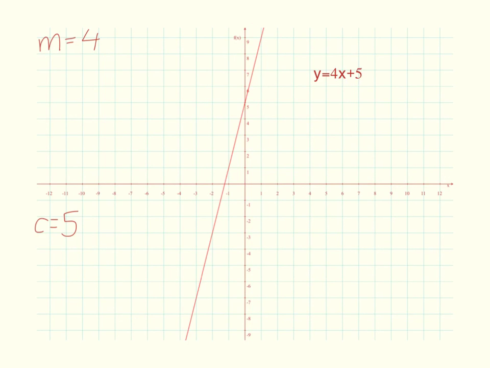The gradient corresponds to the vertical over the horizontal, so that would correspond to 4 up and 1 along. So if we start at 5 and go up 4 and along 1, we go up 1, 2, 3, 4 along 1. There's our next point that lies perfectly on the corner.